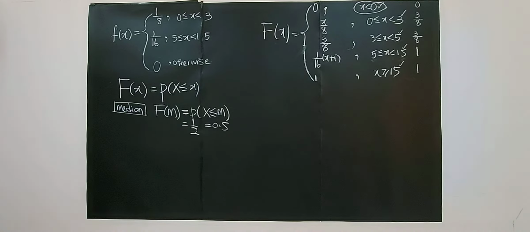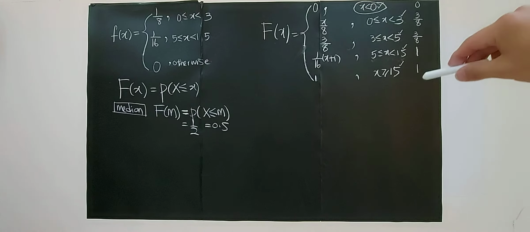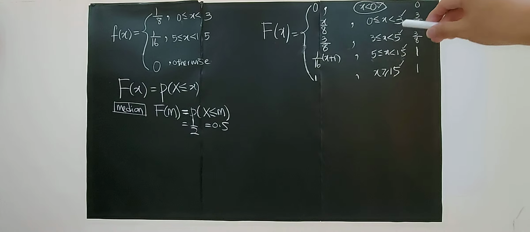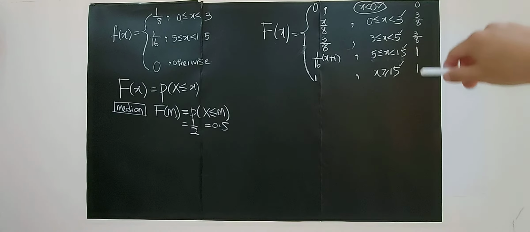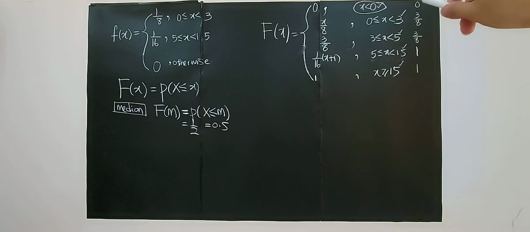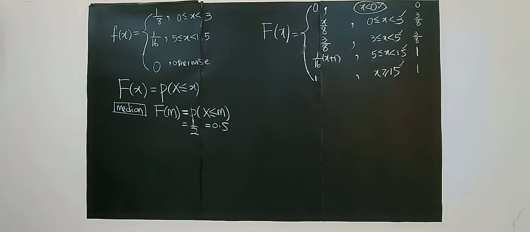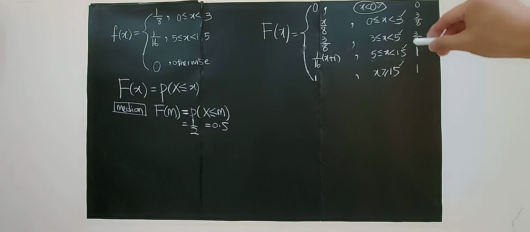Now you look at all the values here. Listen carefully. You start from 0, and I use the words: the first number that is greater than 1 over 2. Which one? 0 is less than 0.5, and 3 over 8 is 0.375, which is also less than 1 over 2.